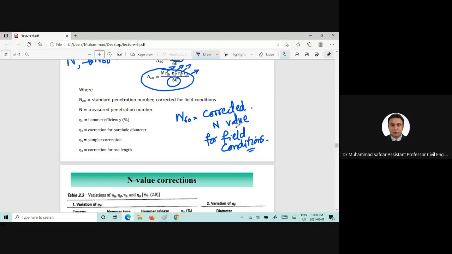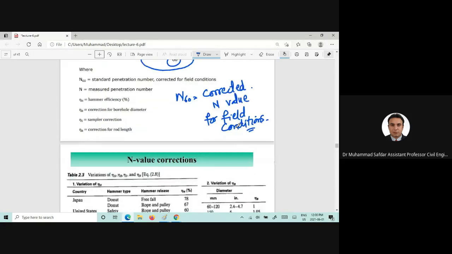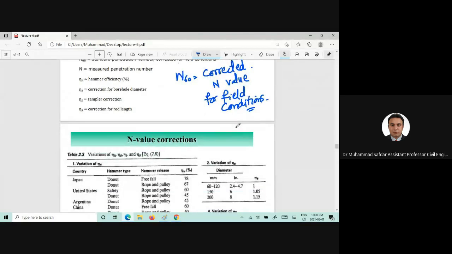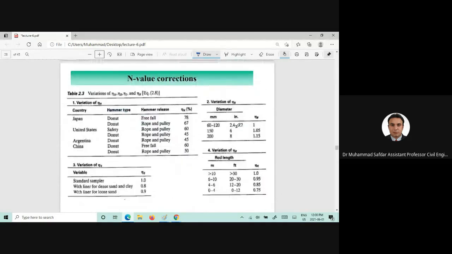So they wanted to come up with a standard value so that they can compare and they can get the different soil parameters. Now you don't need to worry about all those corrections, because different tables are given for the hammer efficiency correction, or the borehole and the sampler and the rod length.